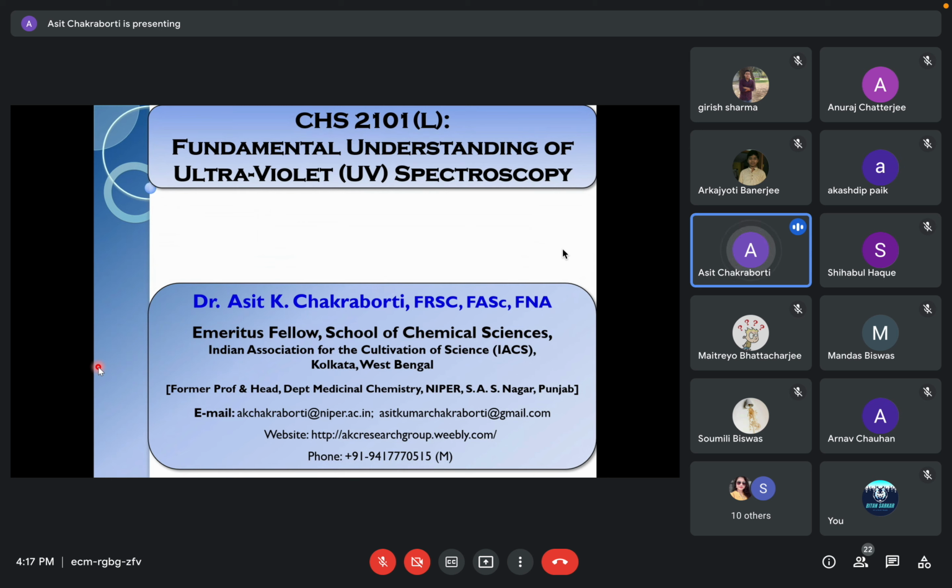What is the fundamental basis behind that? Why should a sulfur compound be colored? Why should a similar oxygen compound not be colored? It is because the valence electrons in sulfur require less energy to get excited, so larger wavelength.